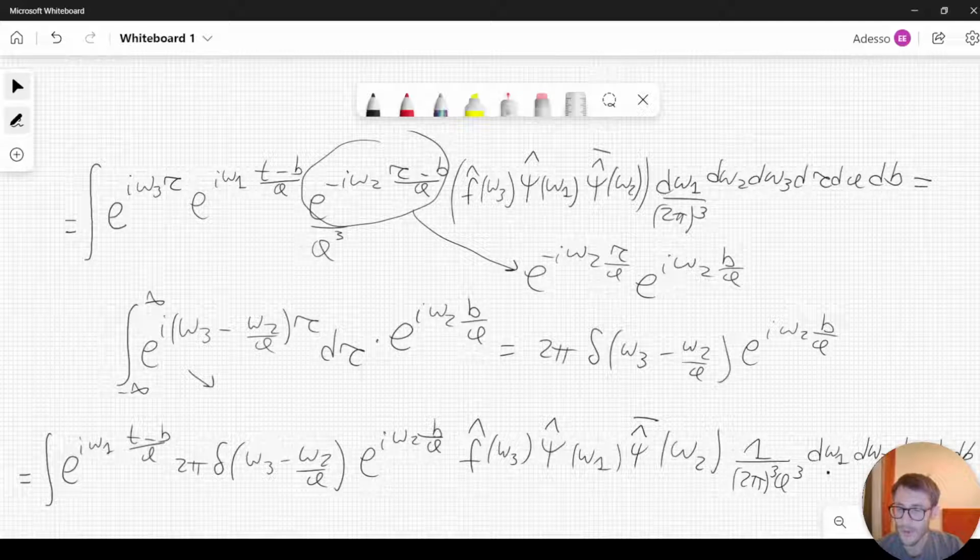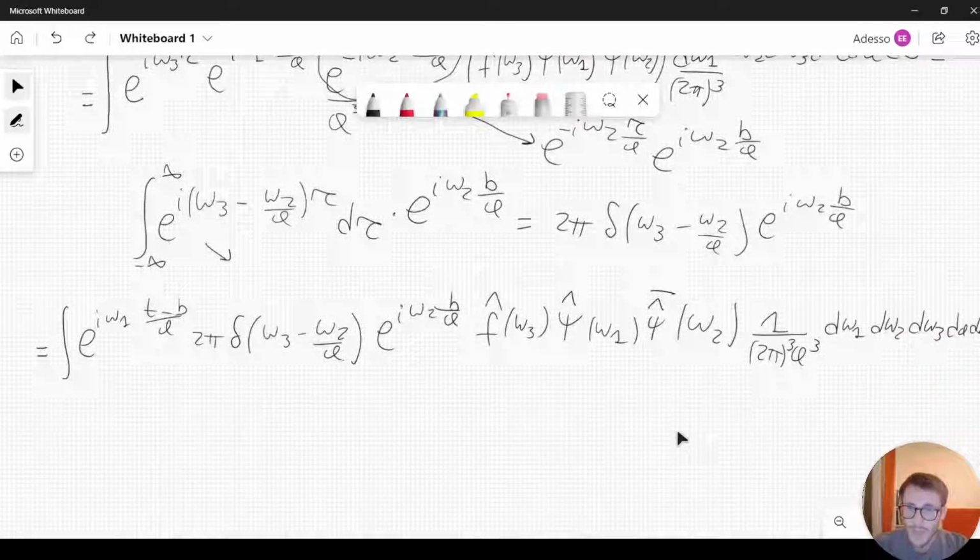So in this case I have only 5 integrals. Quote unquote only, but we improved, because we started from 6 integrals and now we are at 5 integrals, and we have a Dirac delta.